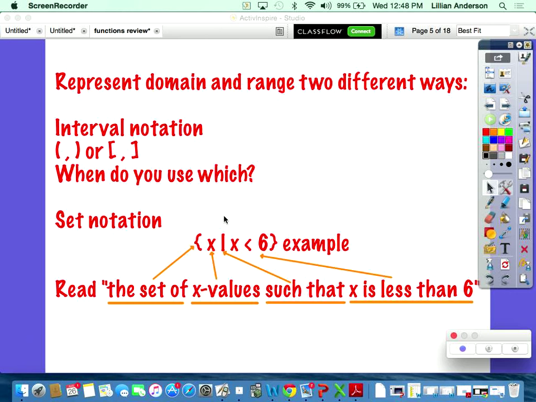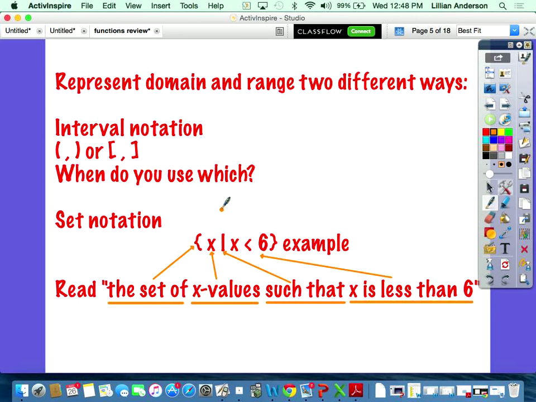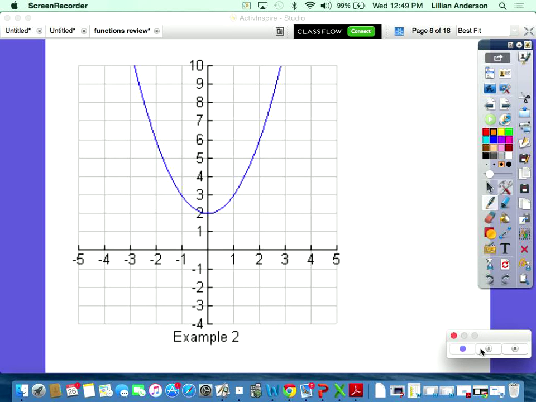So either the bar or the colon is acceptable, but it means the same thing. Sometimes they use the line, sometimes they use the colon.